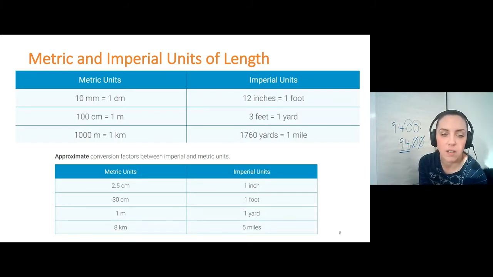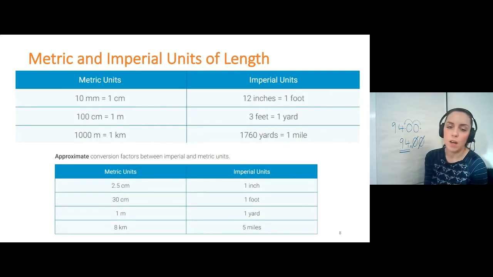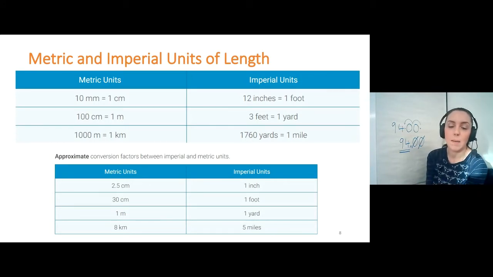You've got metric units on the left at the top and some imperial units on the right: foot, yard, and mile. We know that in metric, 10 millimeters equals a centimeter, 100 centimeters in a meter, and 1,000 meters in a kilometer, because kilo means thousand. There are 12 inches in a foot, 3 feet in a yard, and 1,760 yards in a mile.